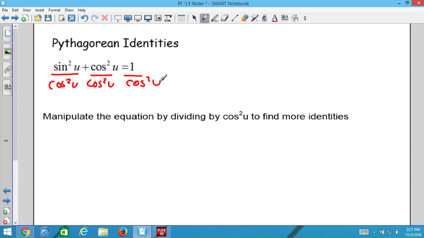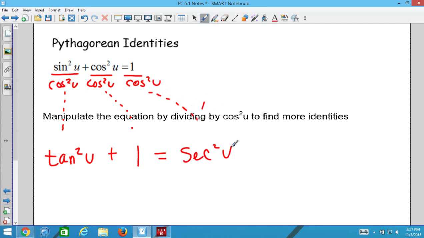So I now have sine squared u over cosine squared u. What's sine over cosine? You have tangent squared u plus I have cosine over cosine, 1, equals 1 over cosine squared, secant squared u. That's number 7.